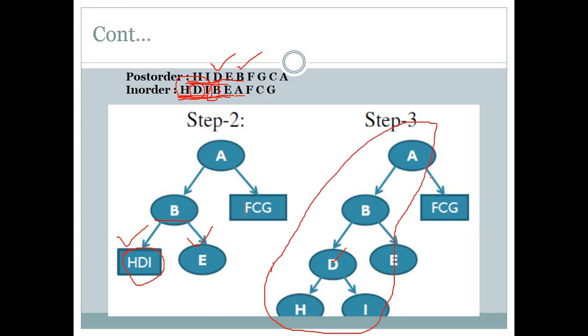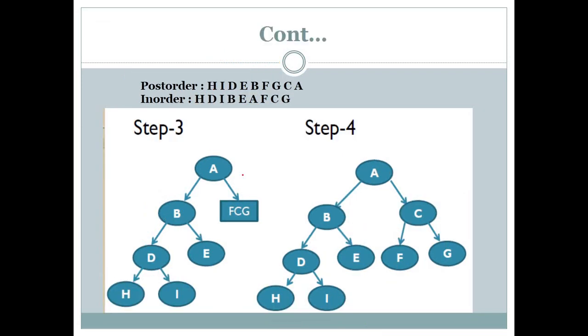Now we will go further to the right side of our root node A. In the right side of root node A, there are three nodes F, C and G. So we will consider F, C and G. Here we can see that C is at the last position, so from F, C and G, C will become the root.